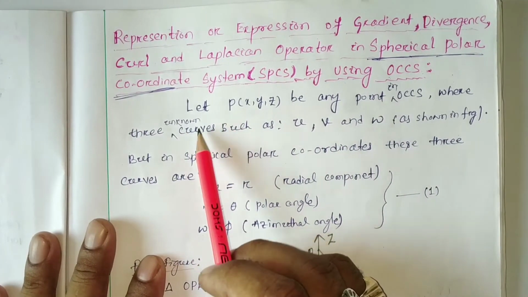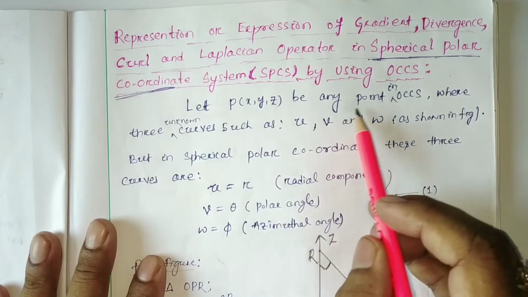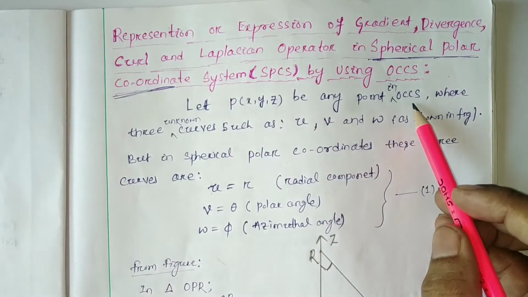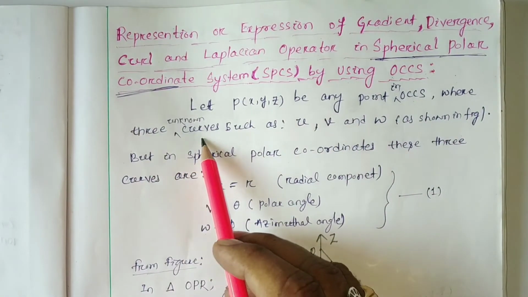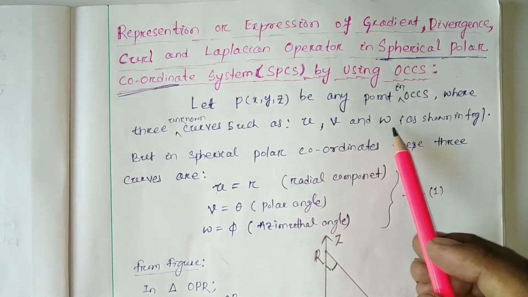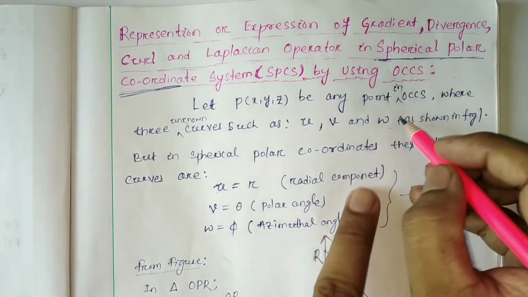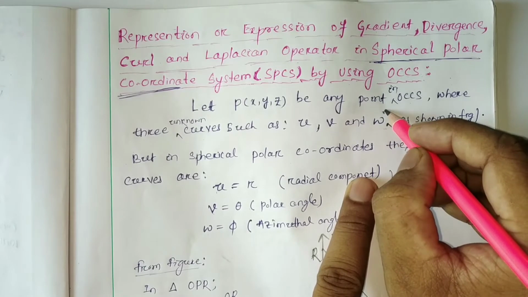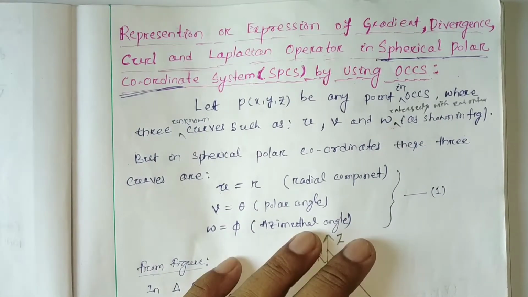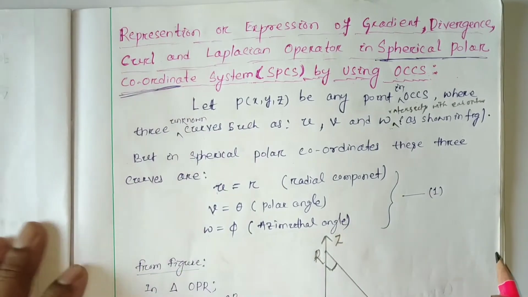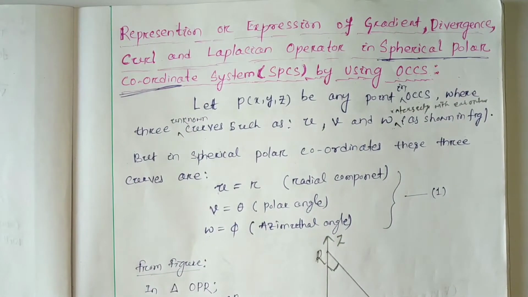Now, here let us consider P(x, y, z) to be any point in orthogonal curvilinear coordinate system where three curves such as u, v, and w intersect with each other as shown in the figure.